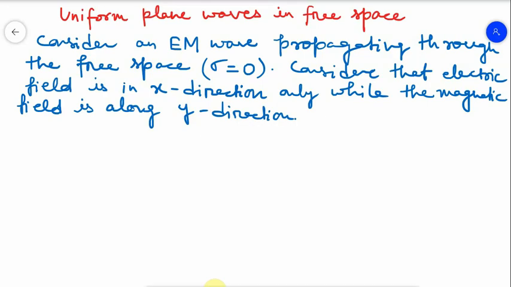Now what is the meaning of plane waves? Plane waves means electric field vector E and magnetic field vector H lie in the same plane.